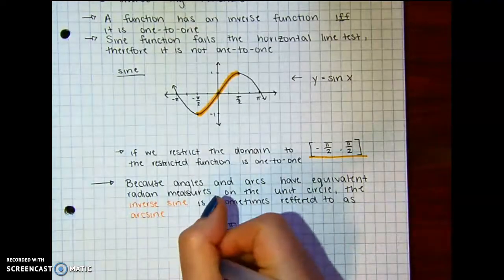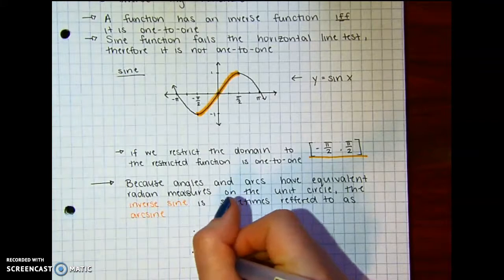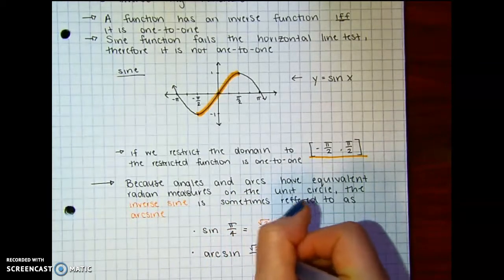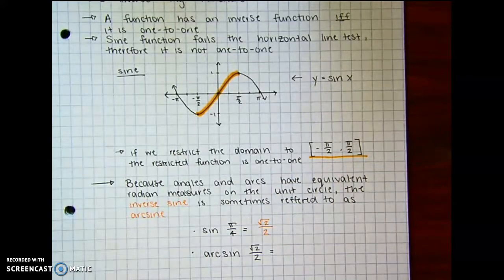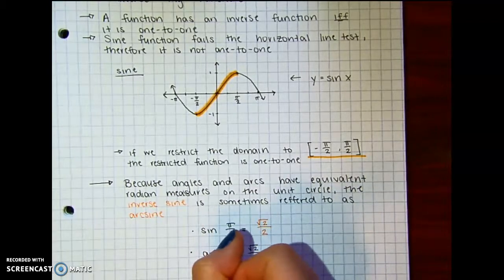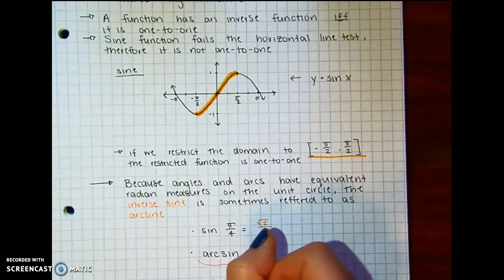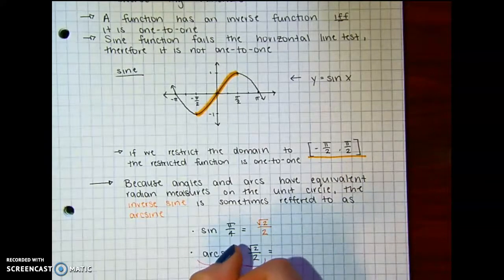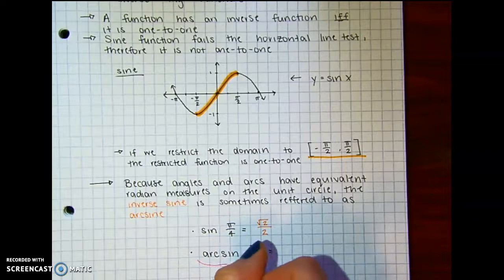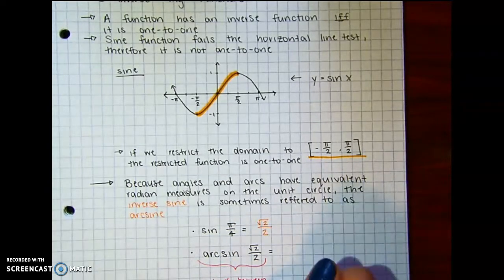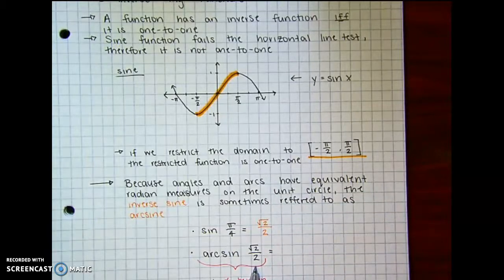So if I say what is arc sine of root 2 over 2, this is asking what angle between negative pi over 2 and pi over 2 has the y value of root 2 over 2.